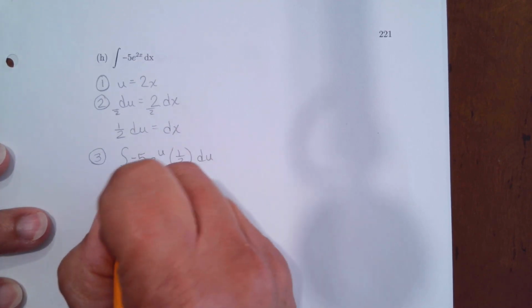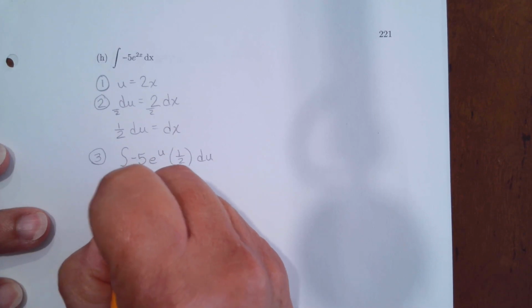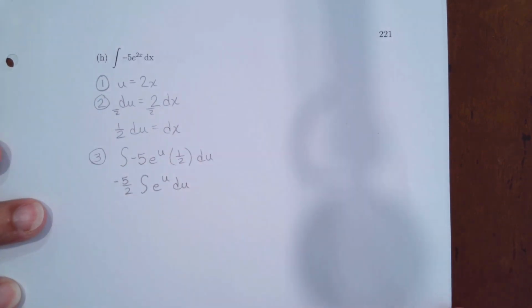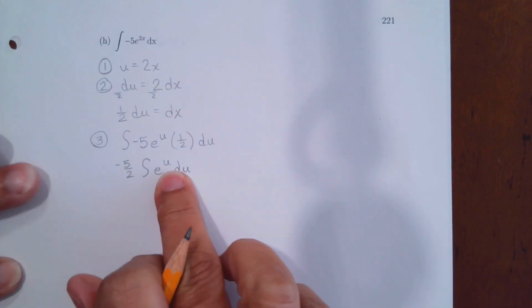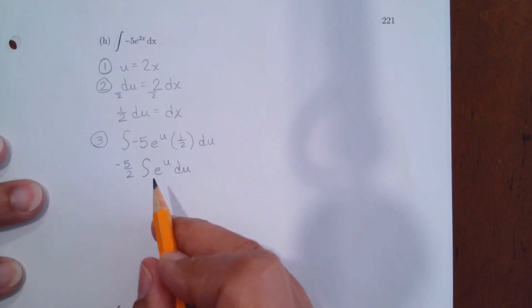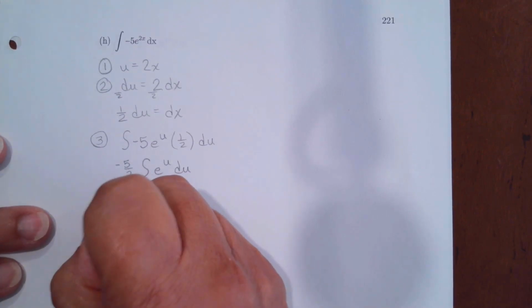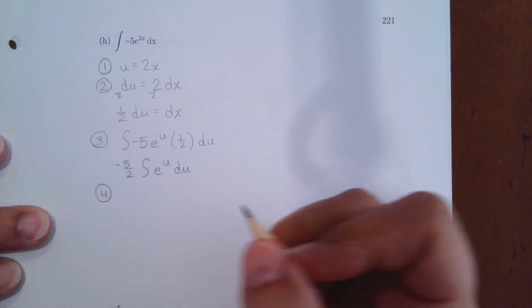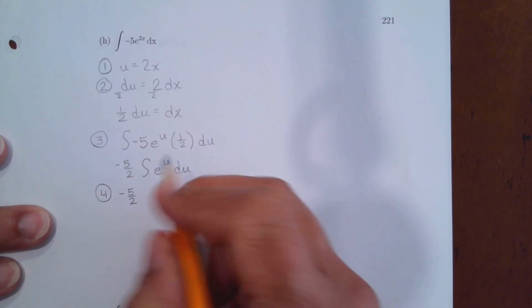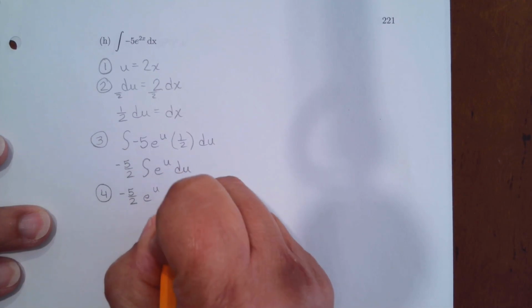Negative 5 times 1/2, that's negative 5 halves. We don't need to worry about that. It's going to stay part of our answer, e to the u du. So this is what we're integrating, and the antiderivative of e to the u is e to the u. So when we take our antiderivative, leave the constant, take the antiderivative, which is e to the u plus c.